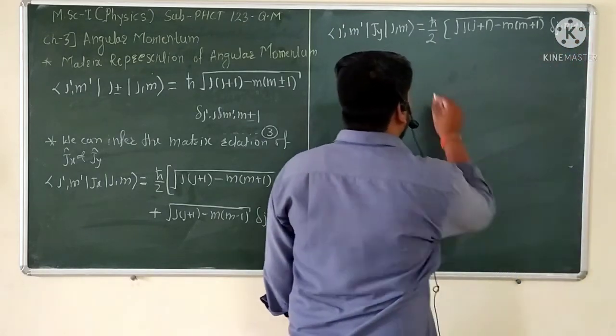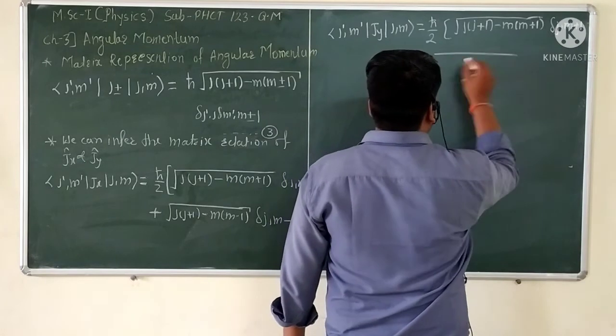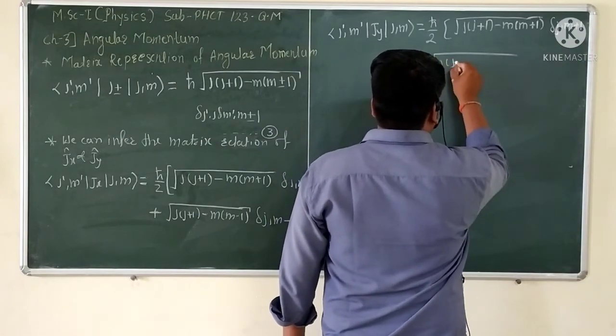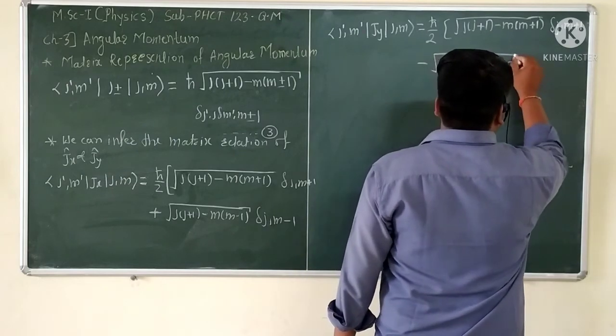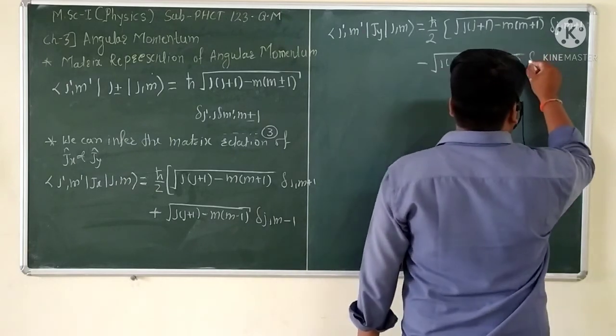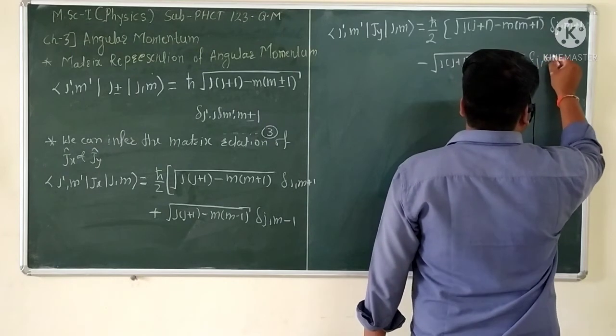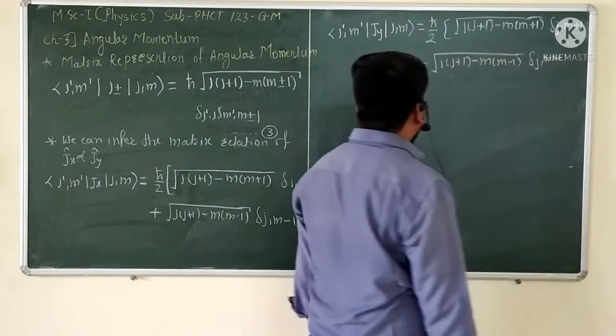Again a minus sign is there in the square root of j into j plus 1 minus m into m minus 1, representing delta of j comma m minus 1.